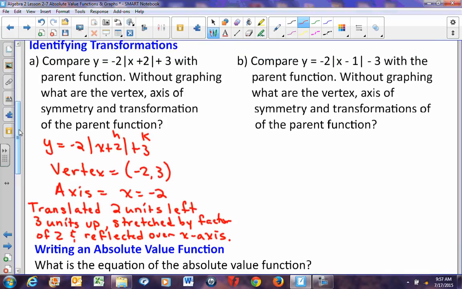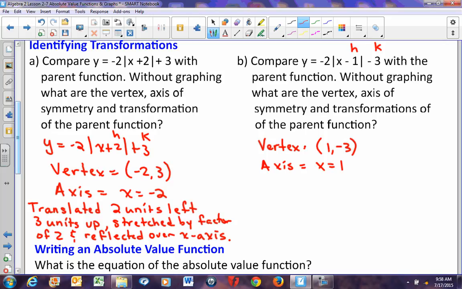All right, so let's compare y equals -2 absolute value of x minus 1 minus 3 and do the same thing. Remember h. My vertex is 1, -3. My axis of symmetry is x equals h, so that would be x equals 1. It is right 1 unit, down 3 units.